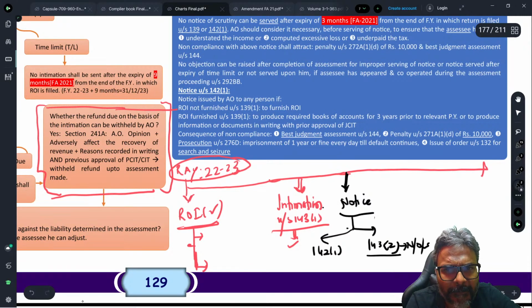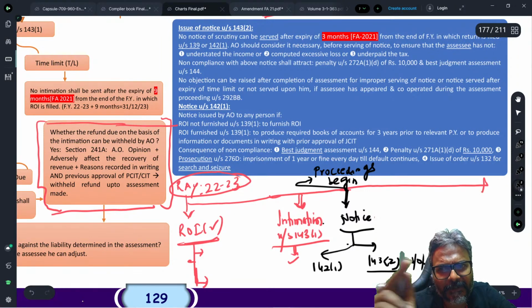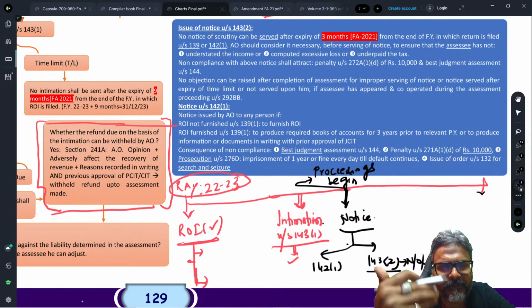But my main point of discussion here is that the moment the notice is given to you, the assessment proceedings will begin. It will start. And if something has been started on you, the same will also be ended. So the proceedings begin on the notice being sent.